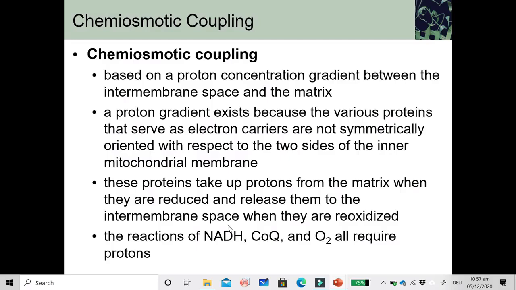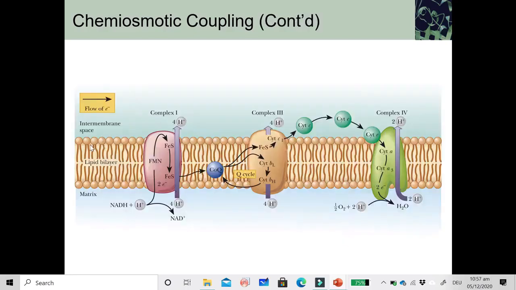The reactions of NADH, coenzyme Q, and oxygen all require protons. This is the same flow of electrons, the same diagram that you've seen a while ago, but notice that this time we have indicated the number of protons that are transported from the matrix to the intermembrane space.